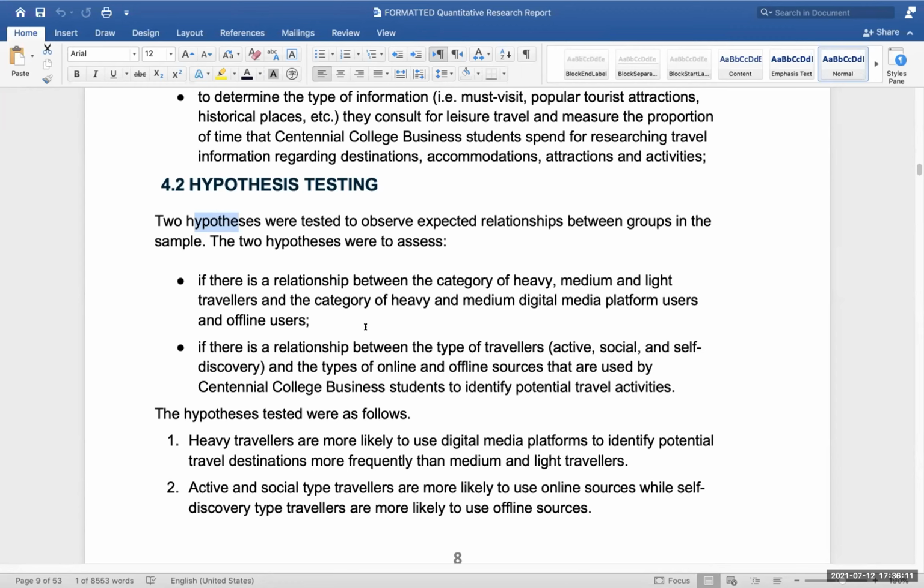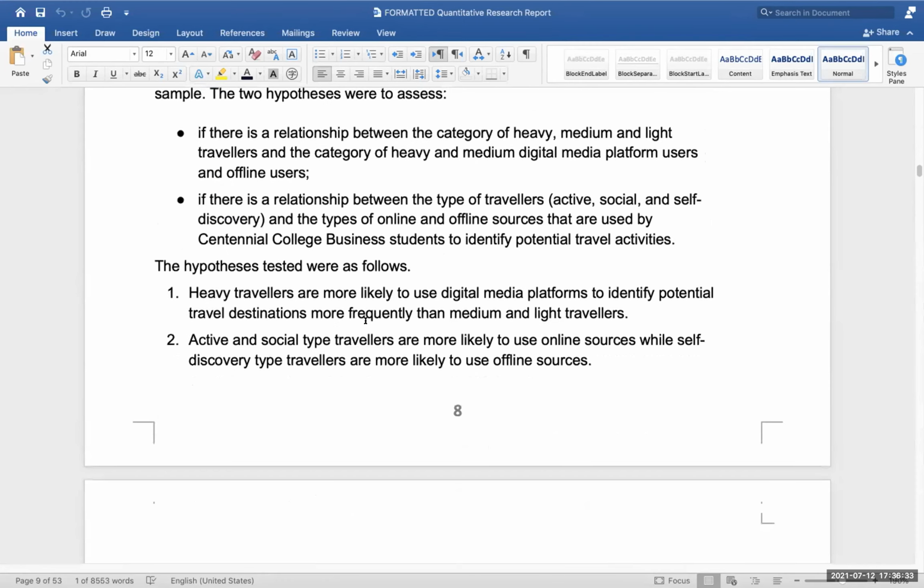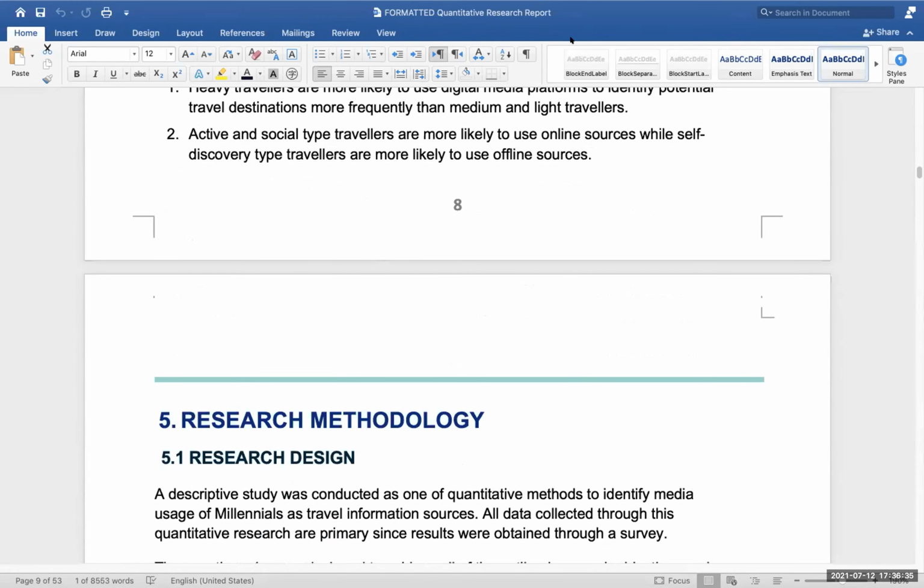In other words, as I said before, it is a speculation or an assumption between two variables. And the research will now state whether you accept or reject. Although they say that you don't really reject the hypothesis, you either accept or do not accept the hypothesis. So this is just an example, but I'm going to go through the research.